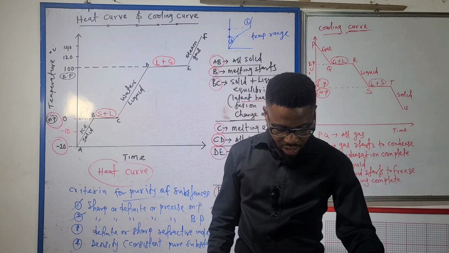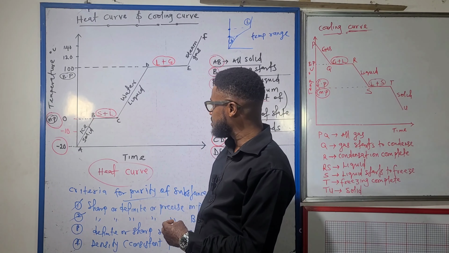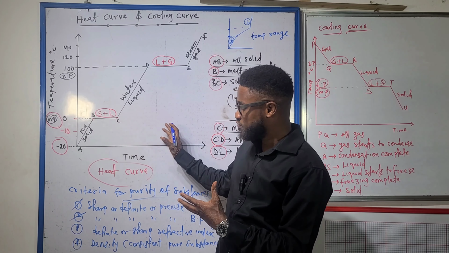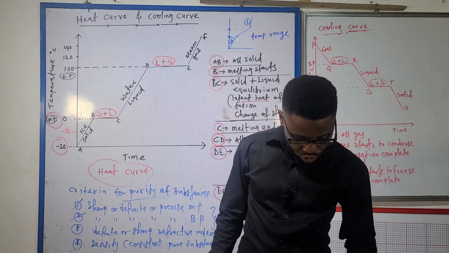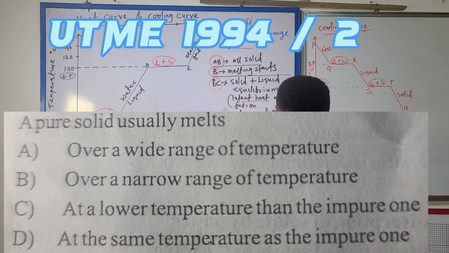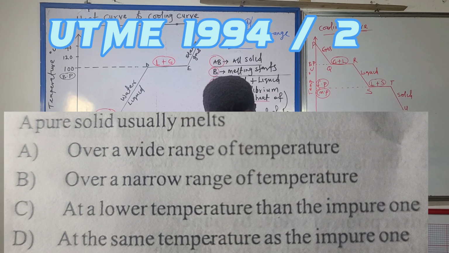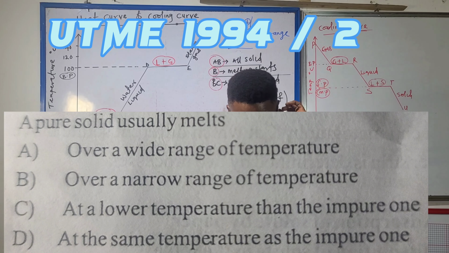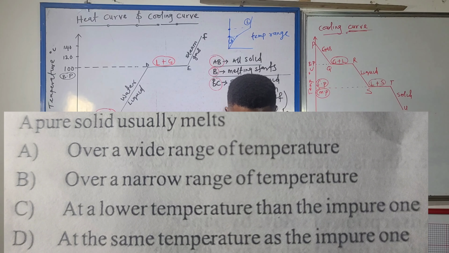Okay, let's answer one or two UTME questions to support what we've just explained here. UTME 1994 question 2. It says a pure solid usually melts: A, over a wide range of temperature. No, it is an impure solid that melts over a wide range of temperature.